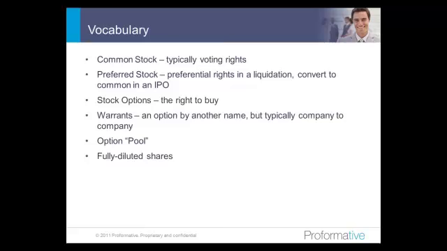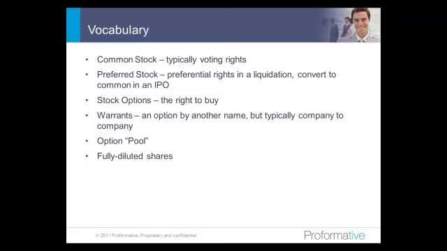Well, that's kind of like potential energy. If they're exercised, they would be converted into common shares, and then they would be counted as regular stock. So in order to include that in certain stock and cap table calculations, you would use the term fully diluted shares.